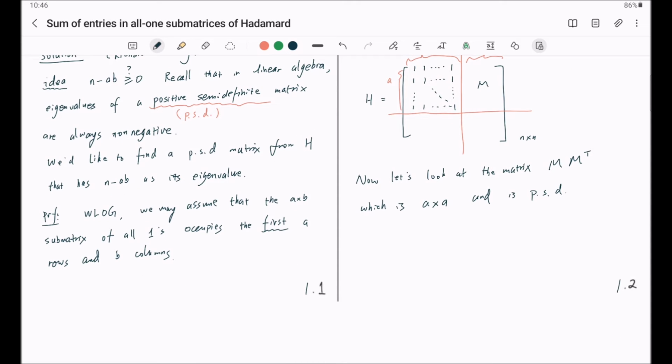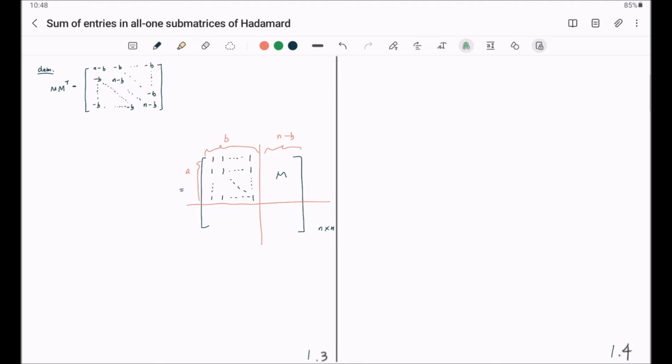It turns out that this matrix MMT can be specifically computed. Specifically, MMT is equal to the matrix that has n minus B's on its main diagonal, and all the other entries are all equal to negative B.